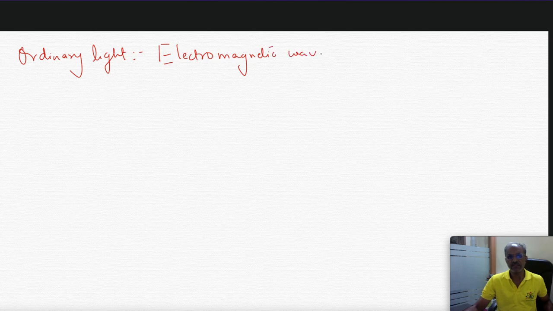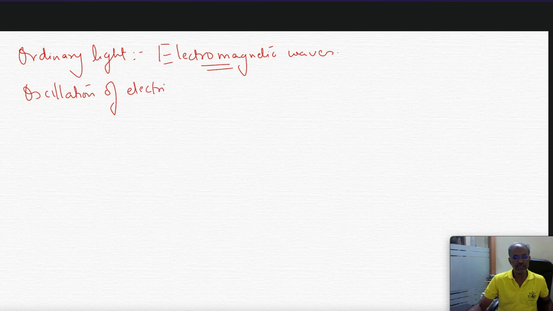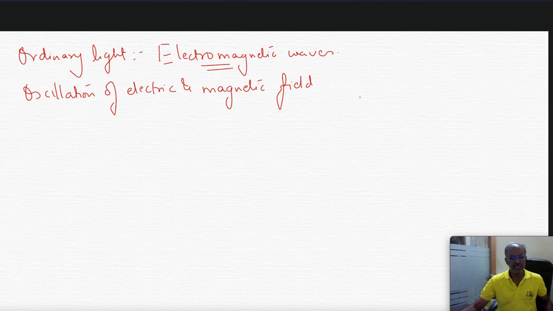Ordinary light contains electromagnetic waves, which have oscillations, and the oscillations of these electromagnetic waves are the oscillations of electric and magnetic field. They have the oscillations of electric and magnetic field in all possible planes. Right? In all possible planes.